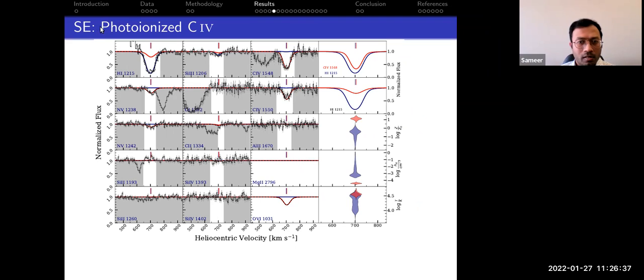Coming to the parameters of sightline E, we again have a supersolar component and a component that's consistent with solar metallicity. The supersolar component is needed because we need to produce nitrogen 5. It's found that the nitrogen 5 also produces carbon 4, but very little hydrogen.